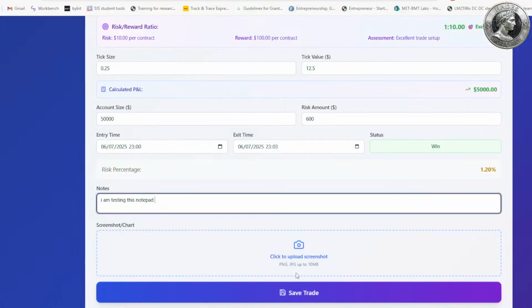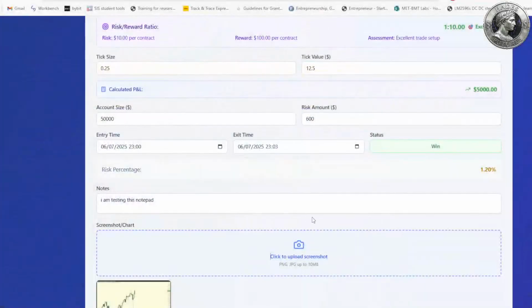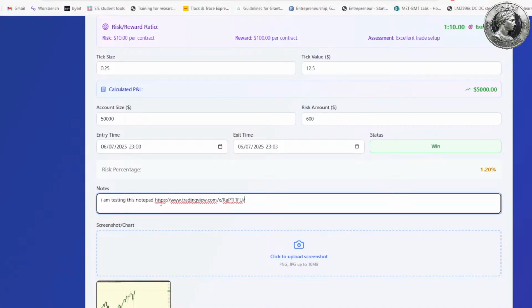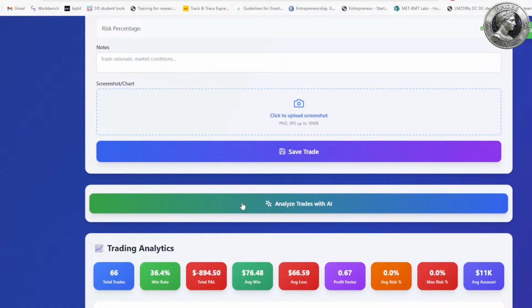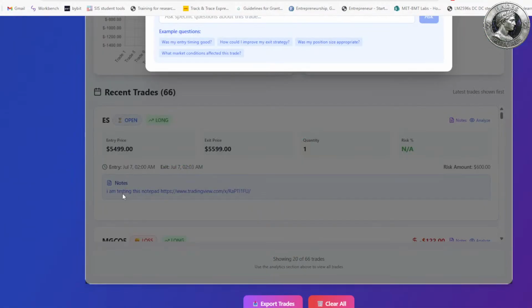The reason why you want to put the screenshot here is that you want to have a reference later on, and you can save the trade. This is some test data, but see, you have your trade here.